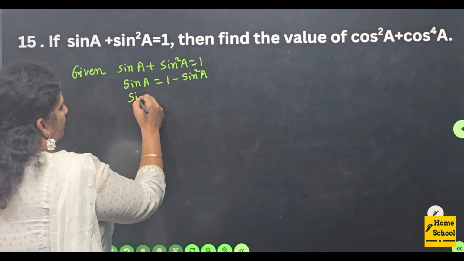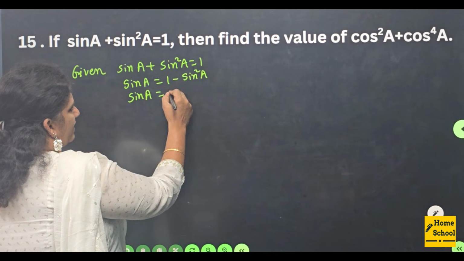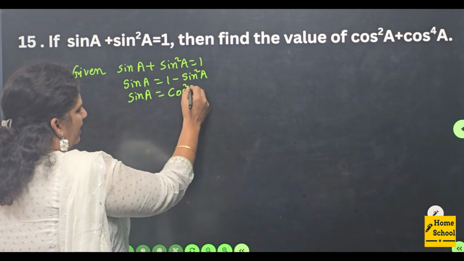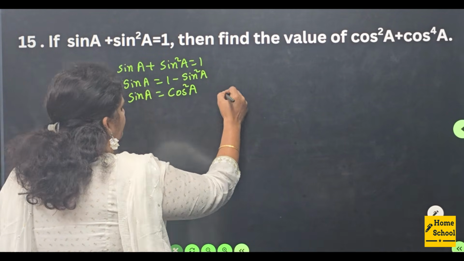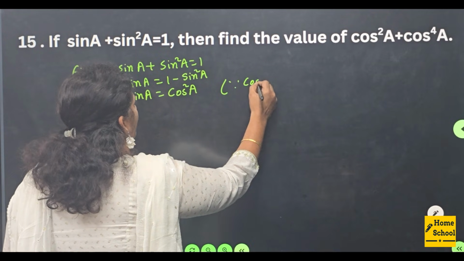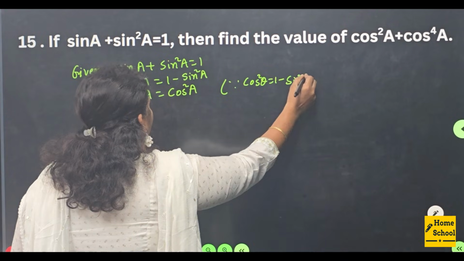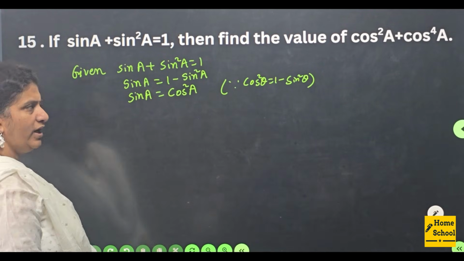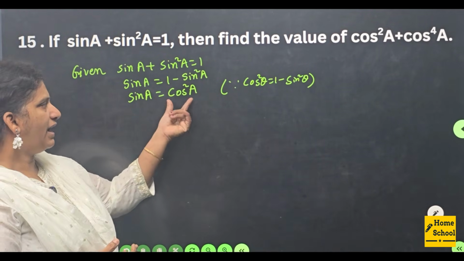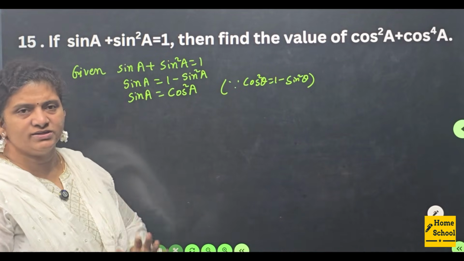So 1 minus sin square A is cos square A. I didn't get any number answer, but I got cos square A is equal to sin A.